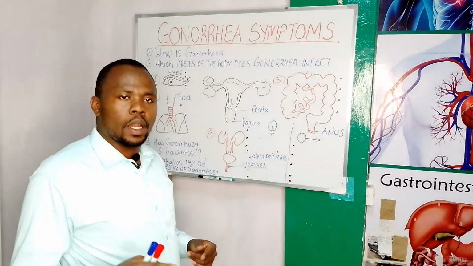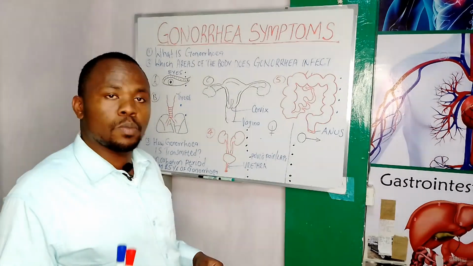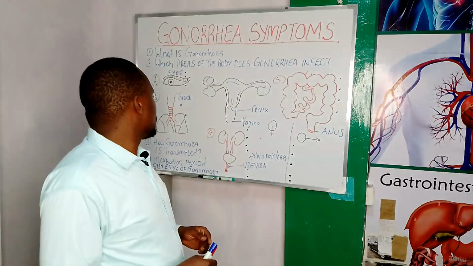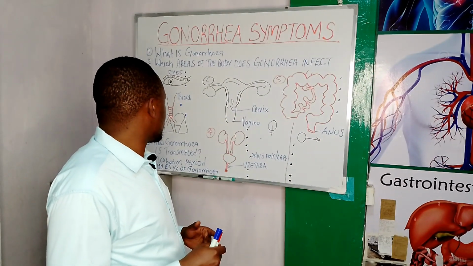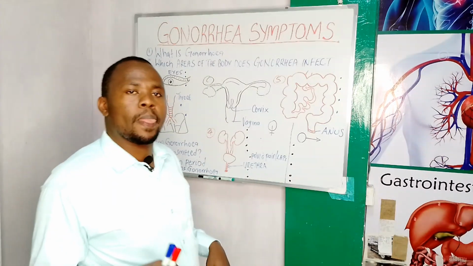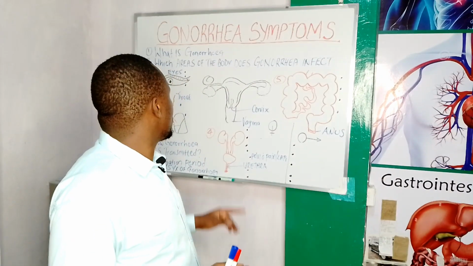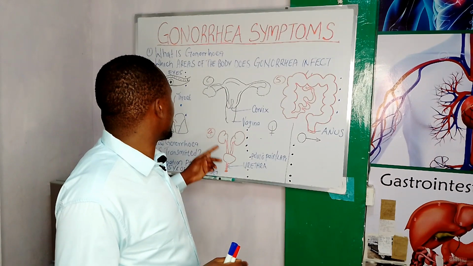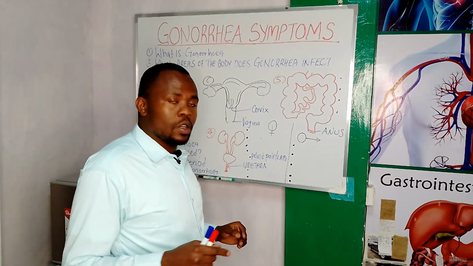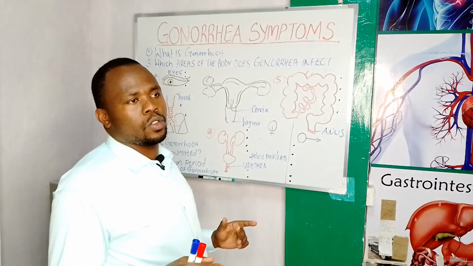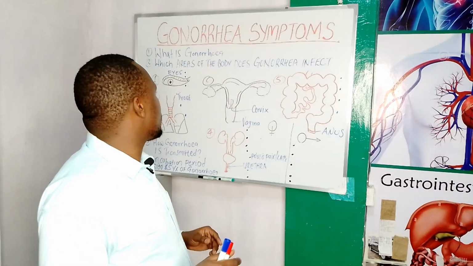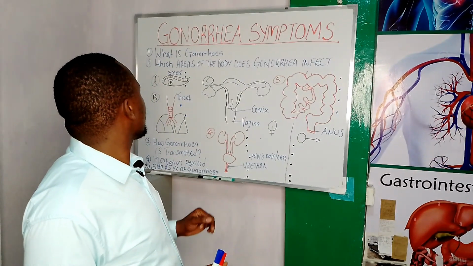Then I want us to learn about the signs and symptoms of gonorrhea. We start with the signs and symptoms when gonorrhea affects the eye. When gonorrhea affects the eye in children, we call that condition ophthalmia neonatorum.